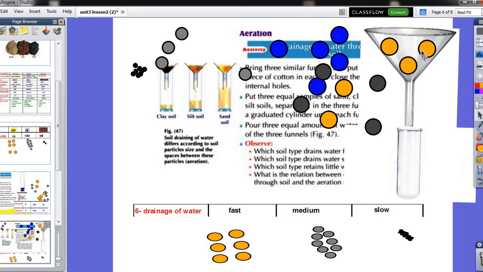The particles are large and the space between them is very large, as we see. Then I will pour some water.